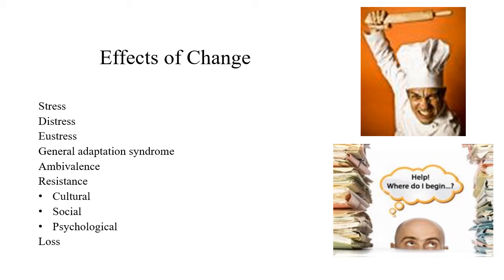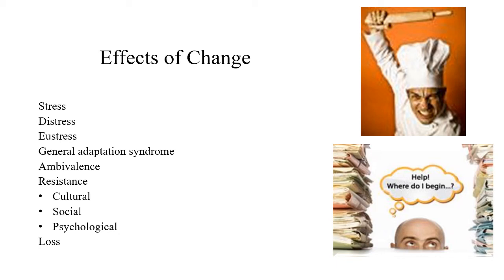You guys might remember Elizabeth Kubler-Ross and her stages of individual loss and change. We have 5 stages: denial, anger, bargaining, depression, and acceptance.